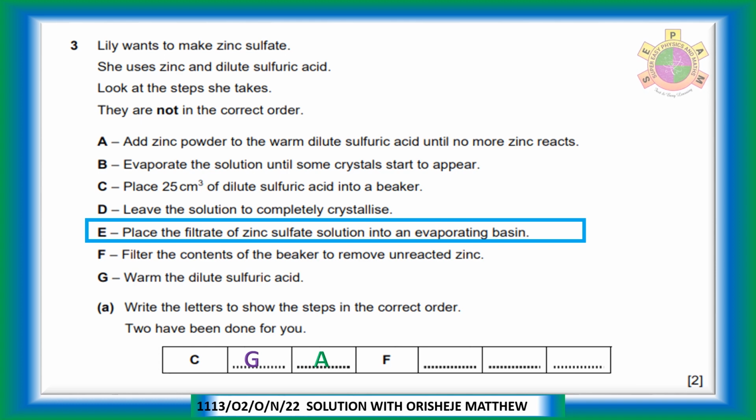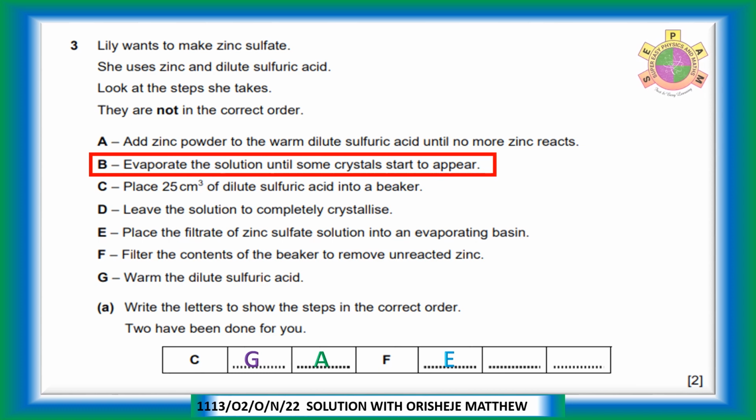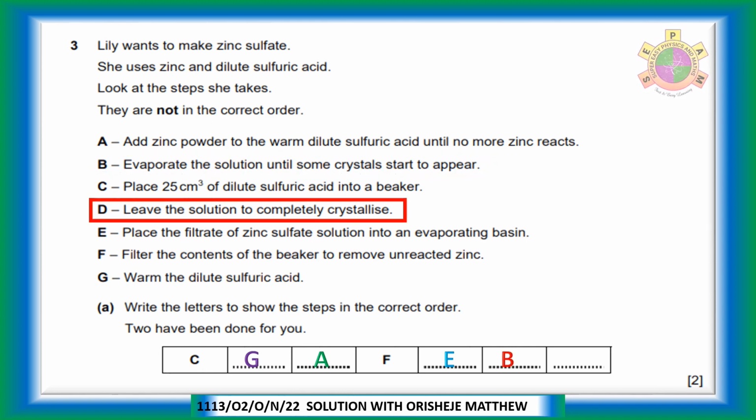Then the next step is going to be B. She evaporates the solution until some crystals start to appear. Then the final step that we've not looked at: you leave the solution to completely crystallize. So that is the last step to this process of making zinc sulfate.